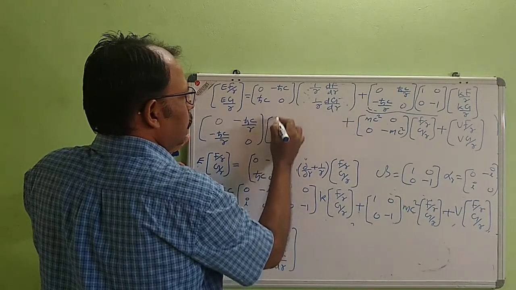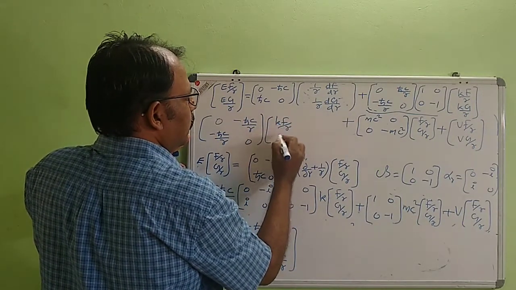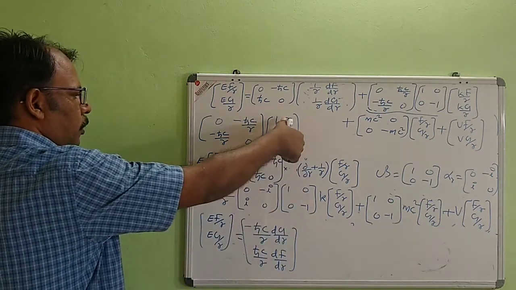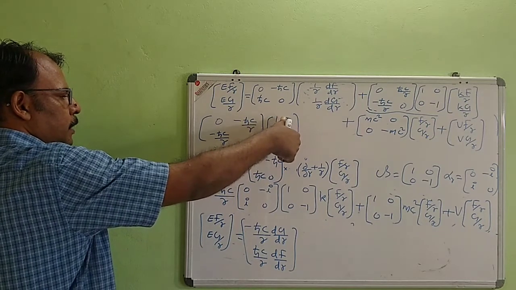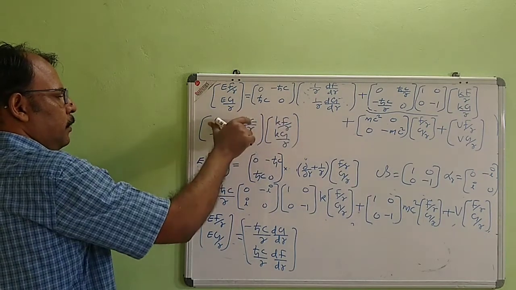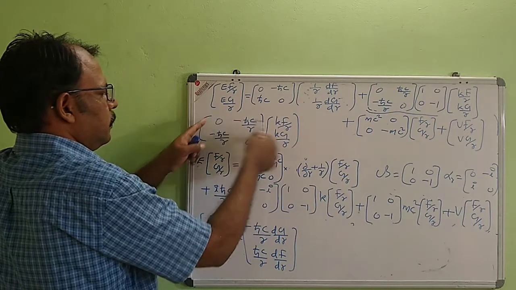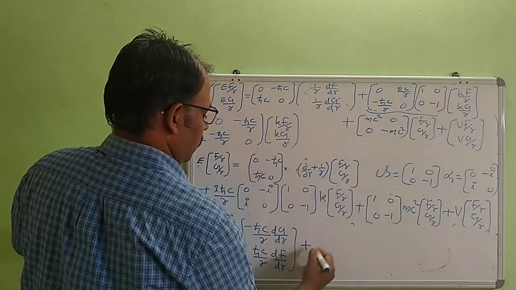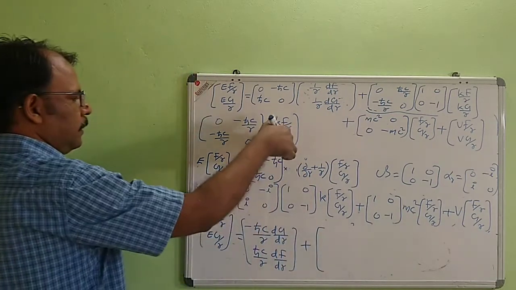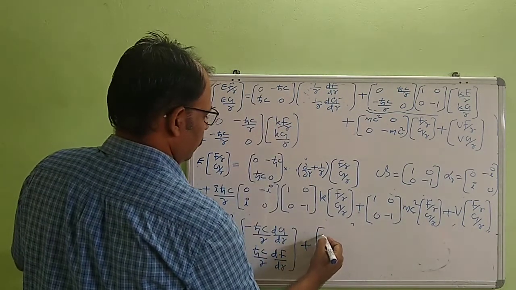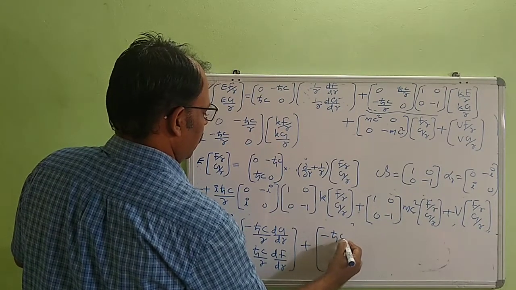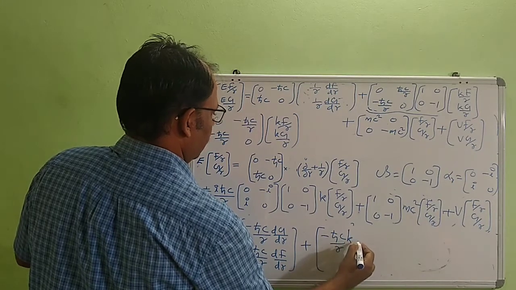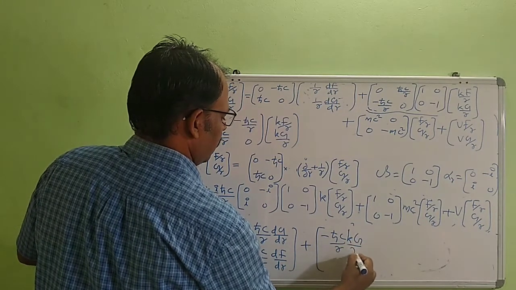Now into K f by r, K g by r. Taking the product of these two, K f by r, K g by r into this one. So the first element is this one with this one, 0, plus the next element we can write as minus h bar c by r K g by r.